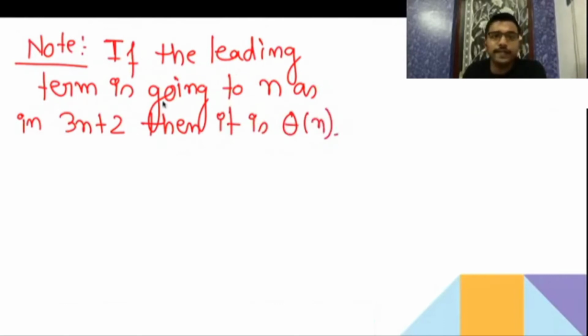Whatever will be the leading term in a function, that is going to be the theta. So here the leading term is n, that is going to be the theta.